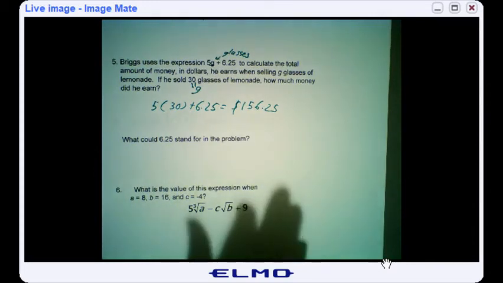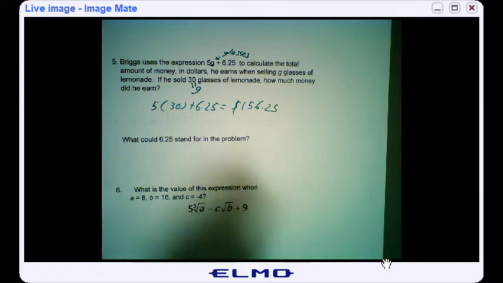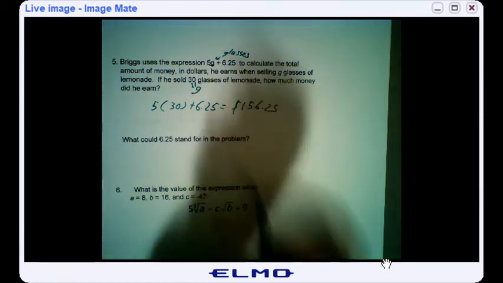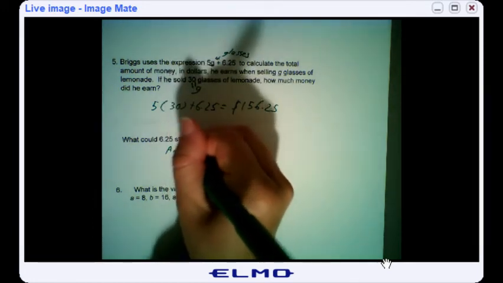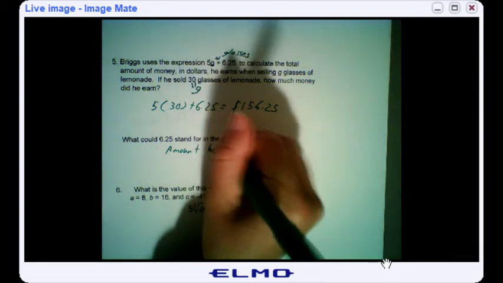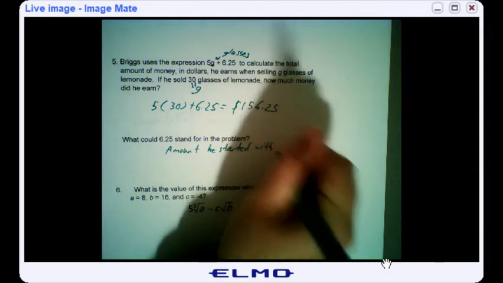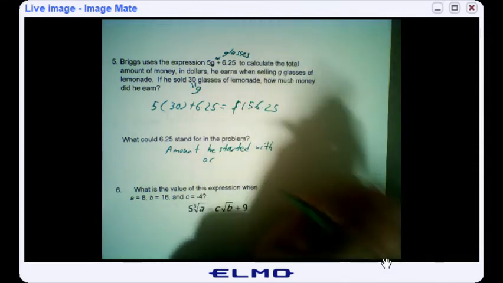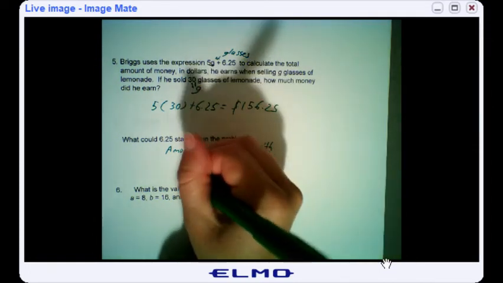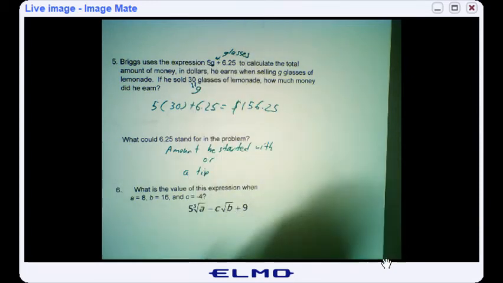And then what could the 625 stand for in the problem? There's lots of different things it could stand for. It could be the amount of money he started with, or it could be a tip for good service.